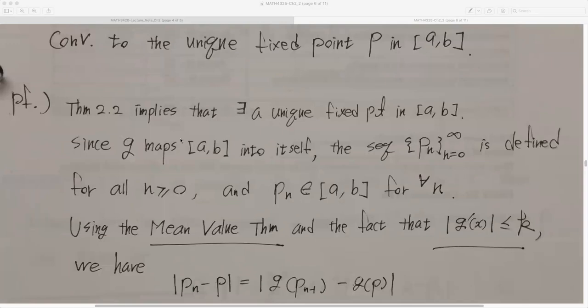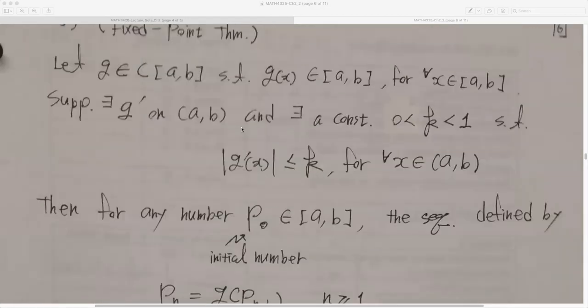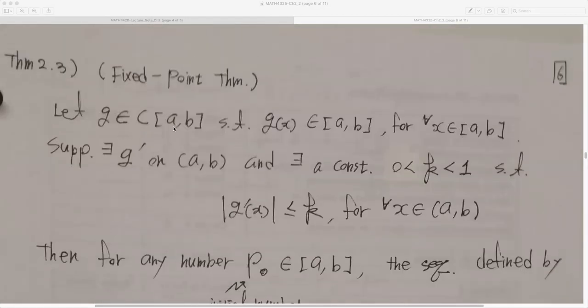So theorem 2.2 implies that there exists a fixed point. Theorem 2.2 was about what? The existence and uniqueness of the fixed point, right? The hypotheses of theorem 2.3, that function g is continuous, its range also belongs to the closed interval [a, b], and the absolute value of the derivative is bounded by k, are exactly the same as the hypotheses in theorem 2.2.